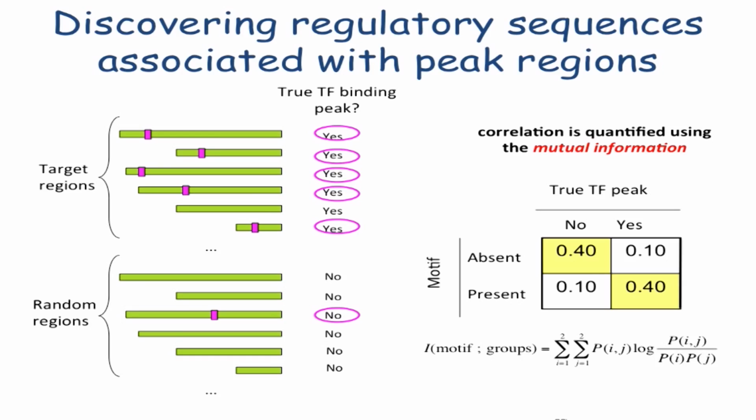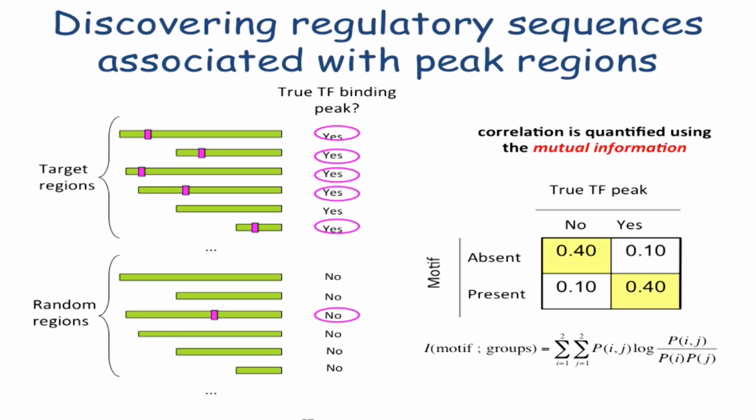So this ratio here is going to be equal to 1 if the two variables are independent, right? And the log of 1 is going to be 0, and therefore the mutual information is going to be 0. So two variables that are independent, that don't say anything about each other, give you an information value of 0. If one variable tells you something about another variable, this function here is going to give you a high value, and therefore you're going to have a high correlation.